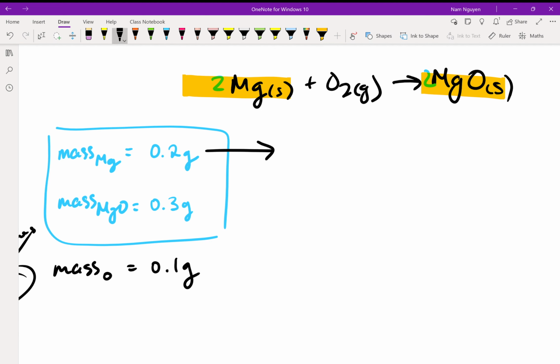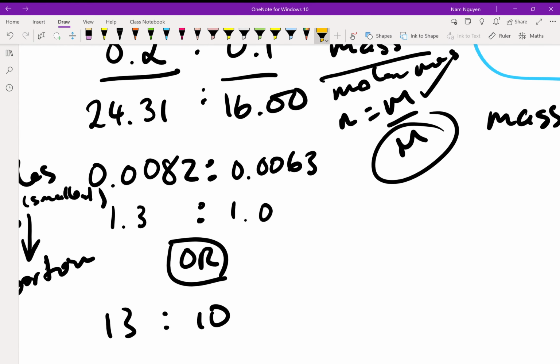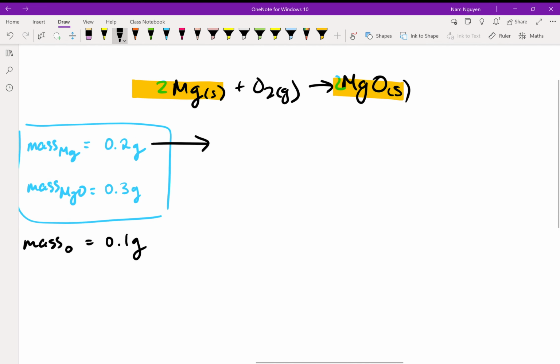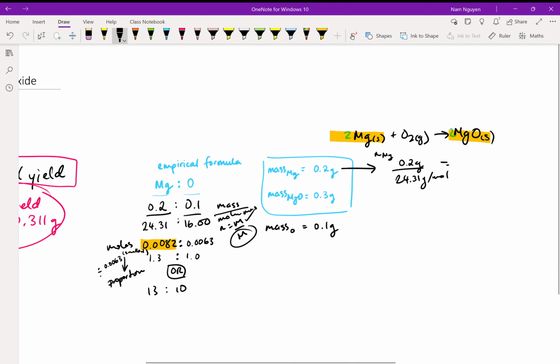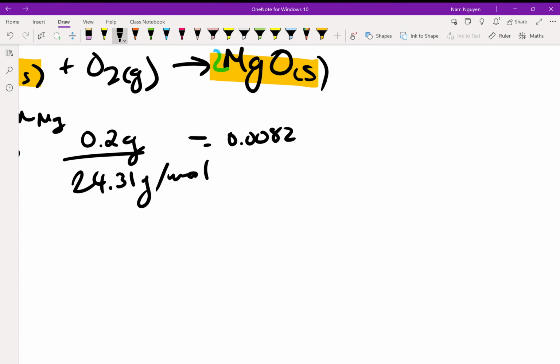All right. So therefore, from my calculated value of 0.0082 moles of magnesium, if I had 0.2 grams of it, so what we did was, we want the number of moles of magnesium, that is 0.2 grams divided by 24.31 grams per mole, which is equal to 0.0082 moles of Mg.